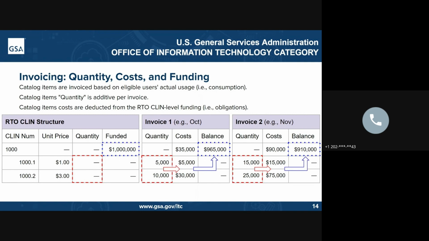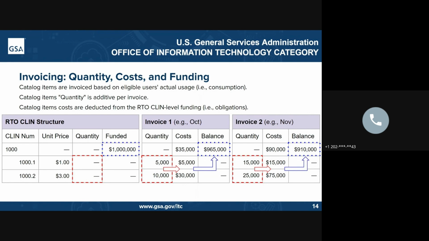Great question, and this is really where the benefits of requirements task orders really come into play. You'll notice here I've got 3 tables down below. I have shrunken the tables for size consideration, but I will walk us through those. And in the first table, the far left, you'll notice that we're starting day 1 of performance, and your quantity values are none because you haven't started, but you have funded and executed the requirements task order CLIN 1000.